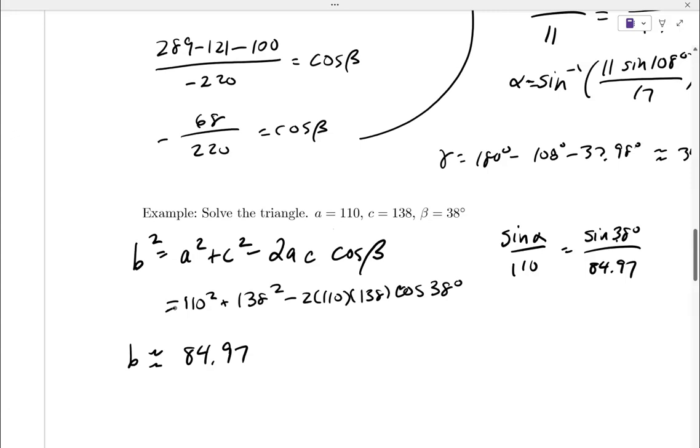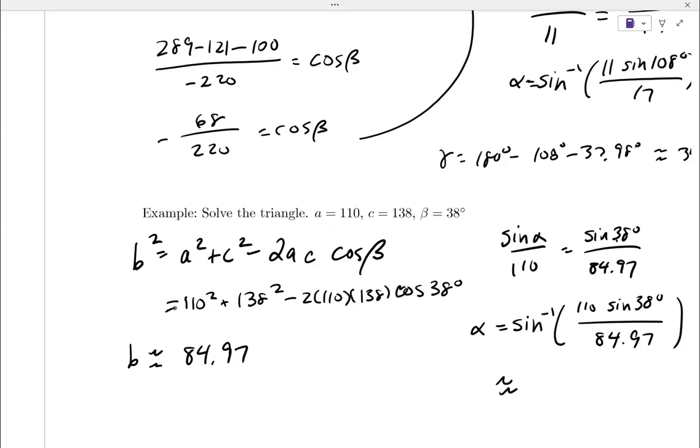Don't type back in 84.97 for your next step, unless it's 84.97000, something with a lot of zeros. Keep those digits in there. What do we need to do? Multiply by 110 and take the inverse sine. What did you get for that alpha?